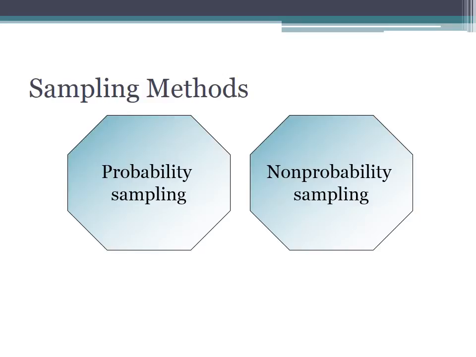We didn't know the probability of those because the researcher just selected them based on their own judgment. The probability was not known. So non-probability sampling is when it's not known and the selection of those elements to be sampled are based on judgments of the researcher. And they may or may not be representative of the whole.